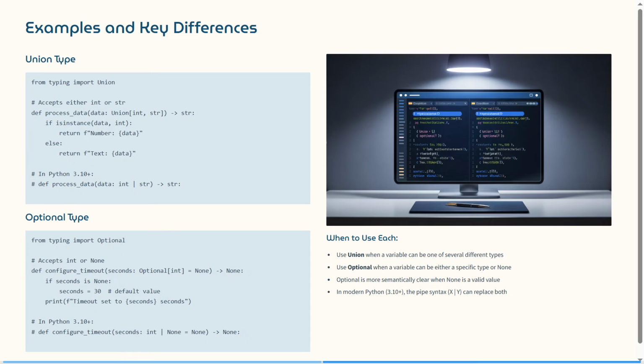Optional is more semantically clear when None is a valid value. In modern Python 3.10+, the pipe syntax is X | Y, and it can replace both.